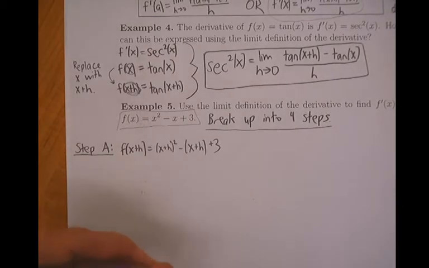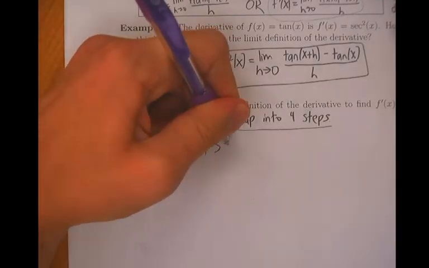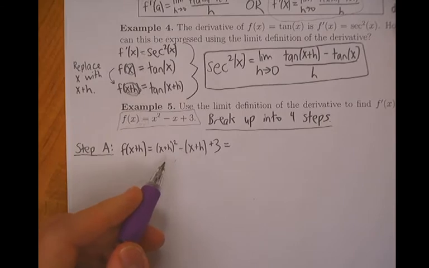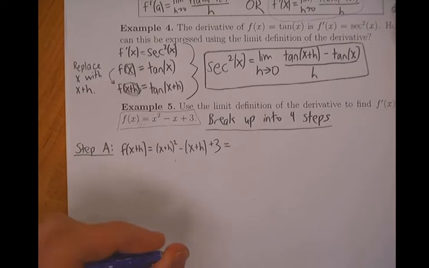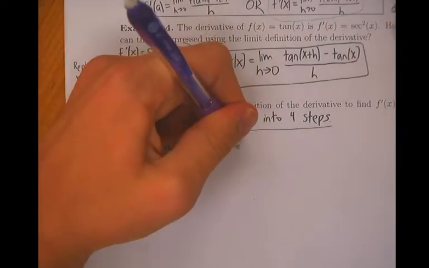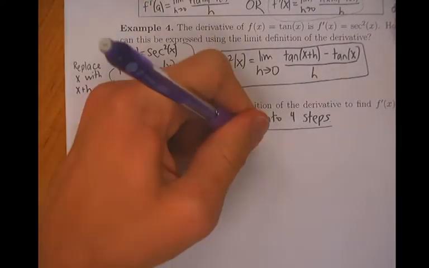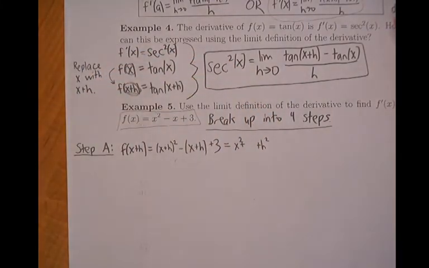Now we're going to expand and distribute some stuff. With x plus h quantity squared, if we expand that out, we should end up with what? x squared plus h squared. You're missing a term. xh. Almost. 2xh. There we go.